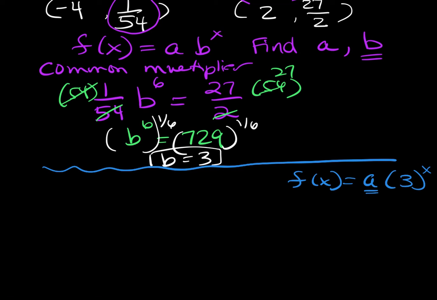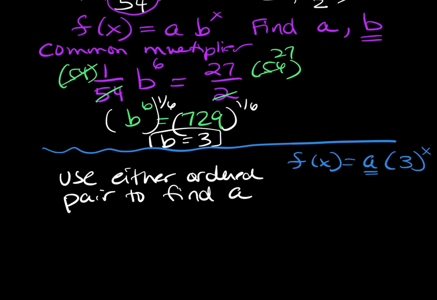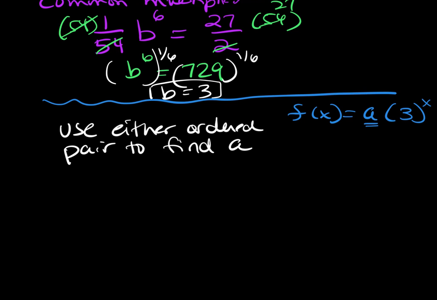So to find our a value, our initial value, we're going to use the 2. Let's use our (2, 27/2), and let's plug that in.